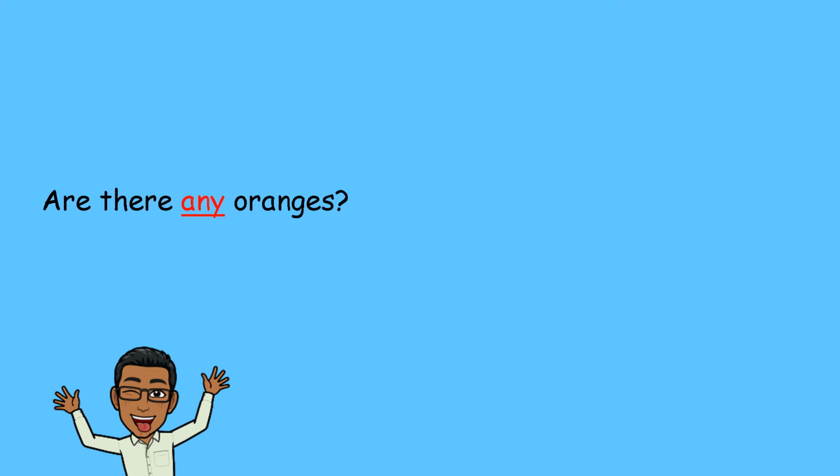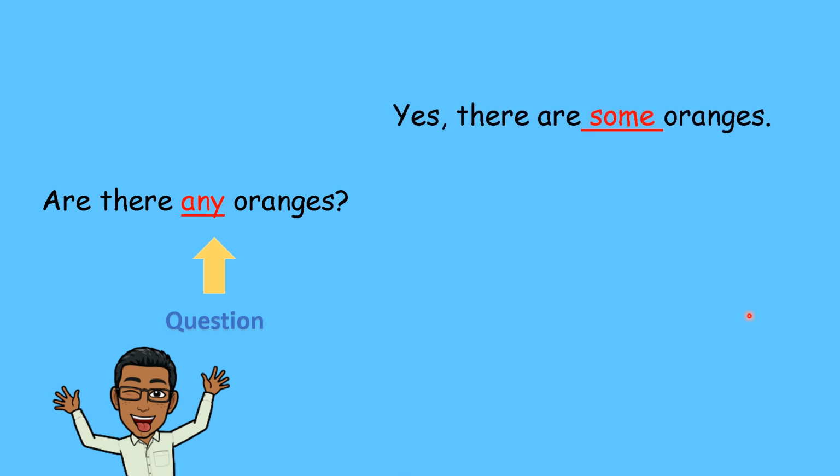Now, what about this one? Are there any oranges? This is a question. So for questions, we use any. And if you have this affirmative sentence like this, yes, there are some oranges. We use some.